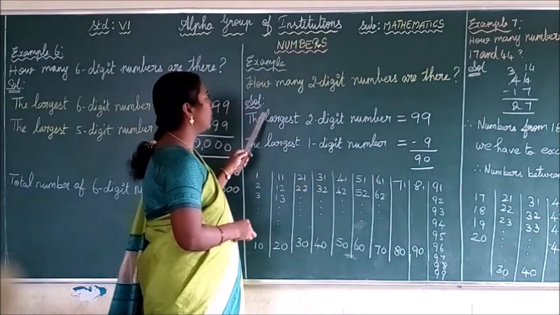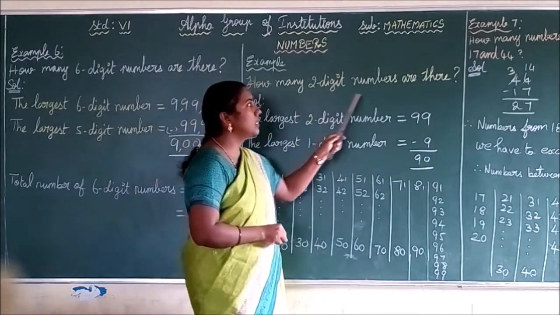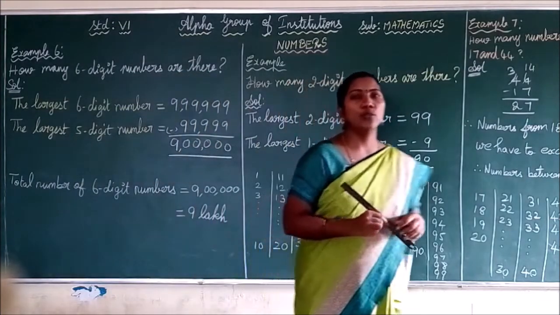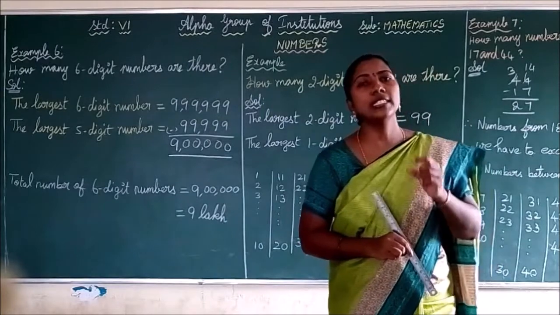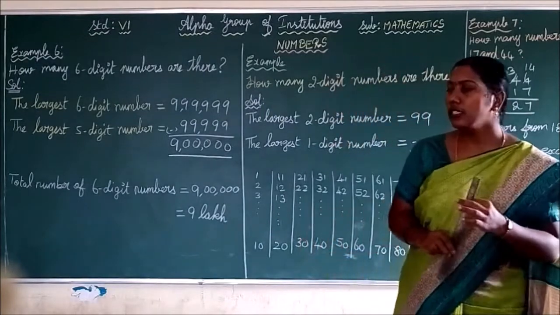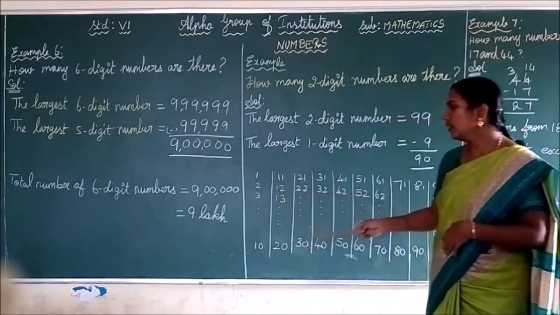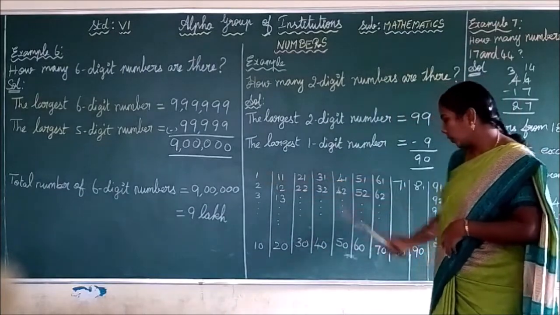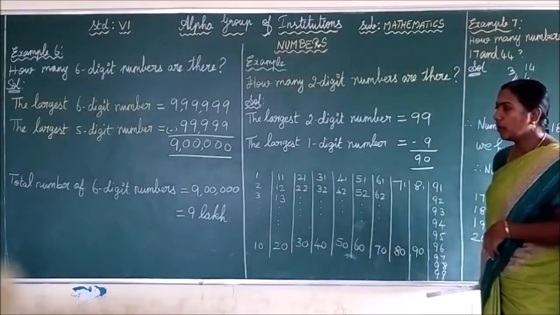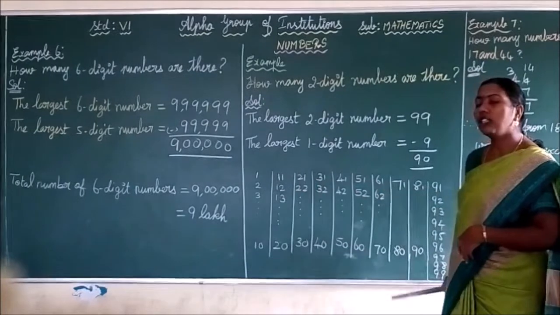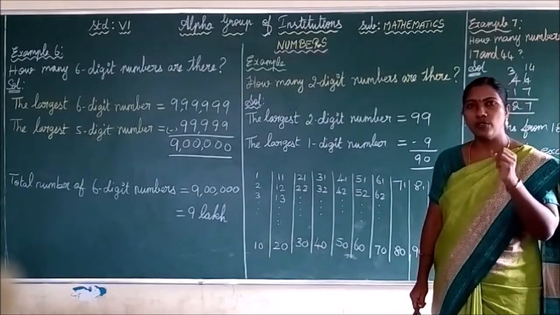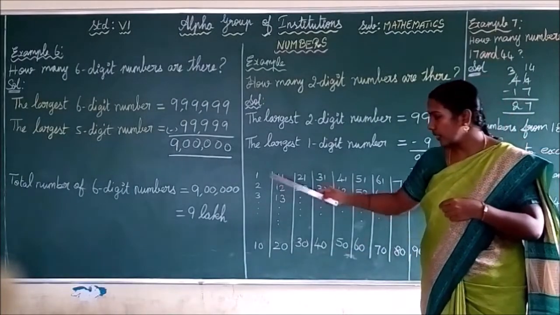See this example. How many 2 digit numbers are there? Now we are going to find how many 2 digit numbers there are in total. Here I have written 1, 2, 3, up to 99. Among these numbers, which is the first 2 digit number? Yes, 10.